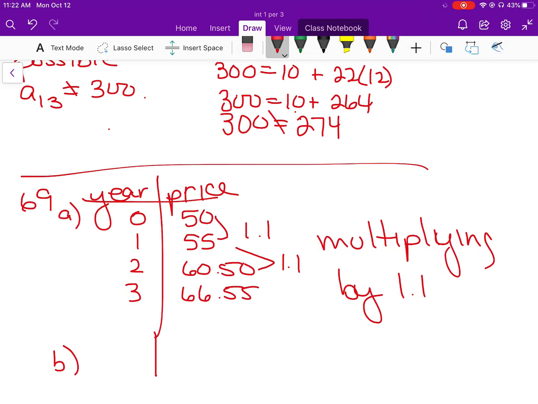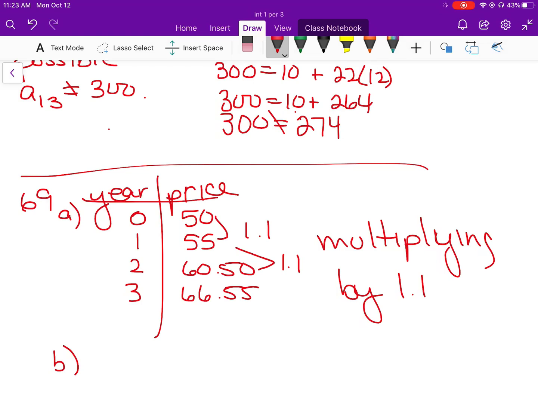But is it also like our drop height times our ratio to the power? So take 66.55 times 1.1.